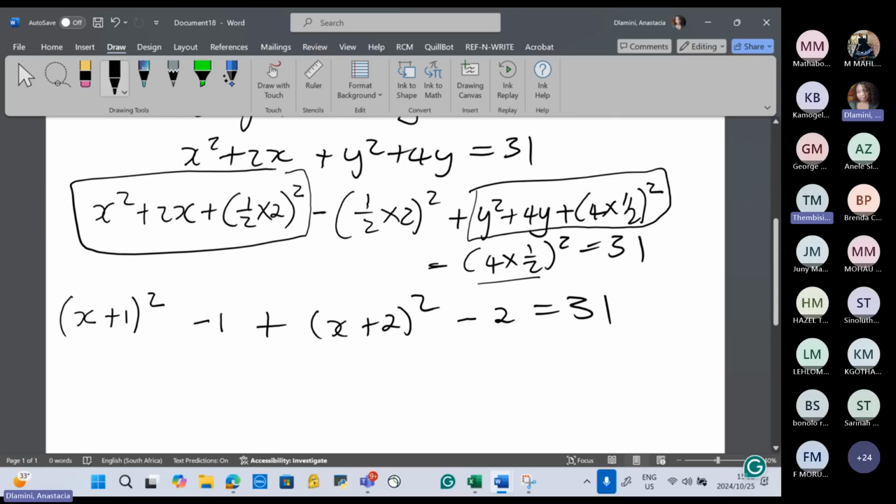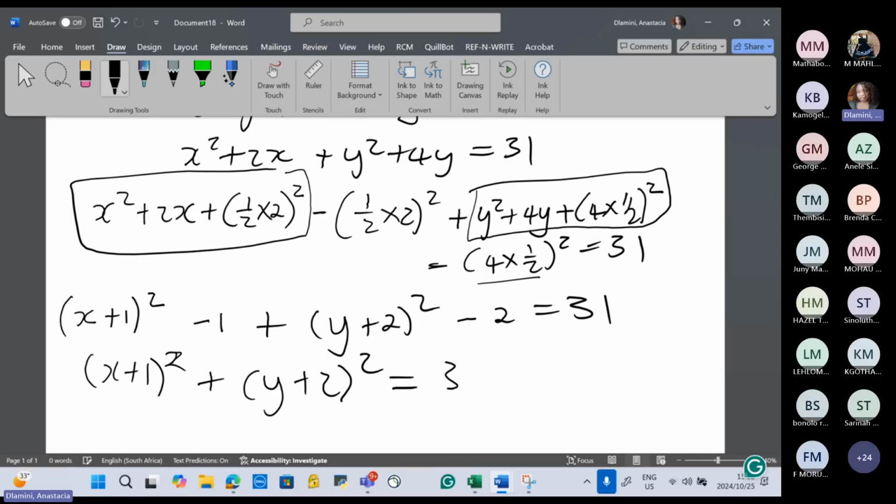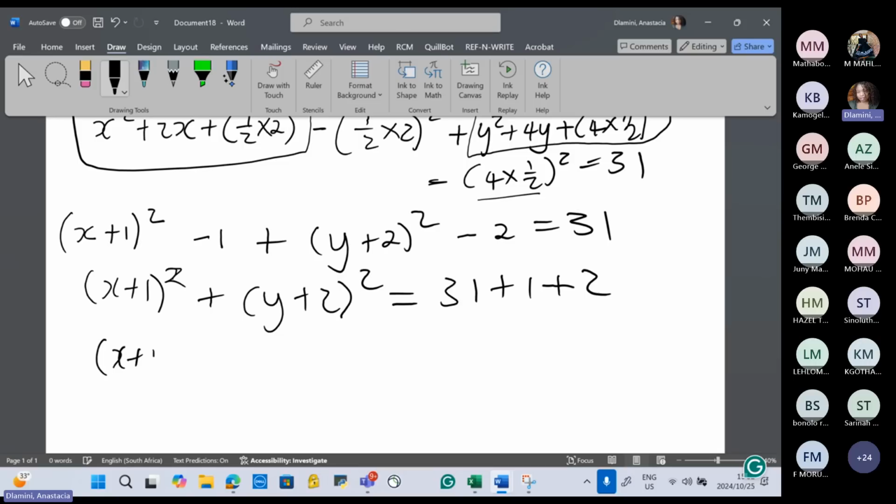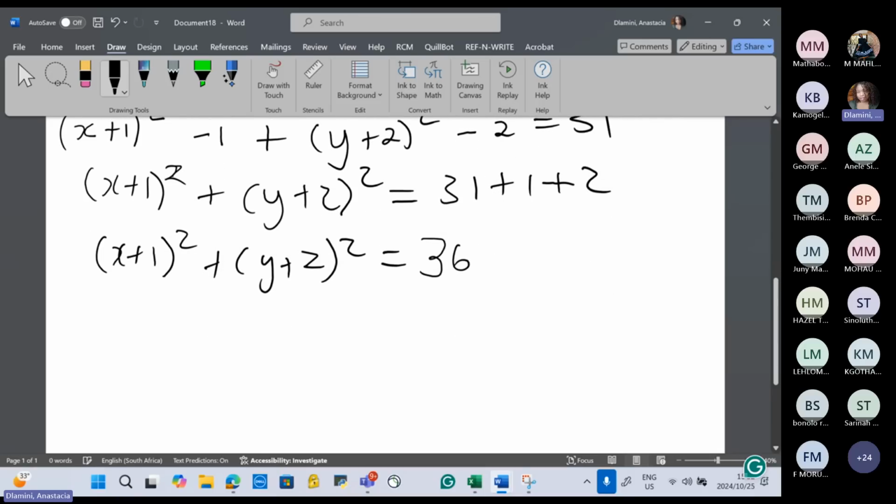So then x plus 1 squared plus y plus 2 squared equals 31 plus 1 plus 2, which equals 36.